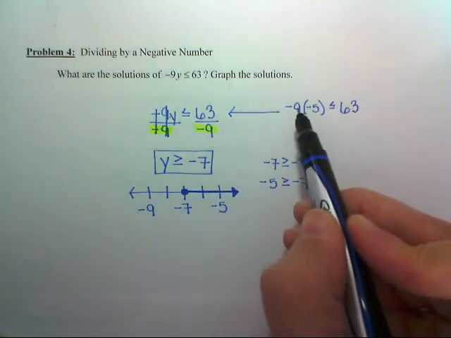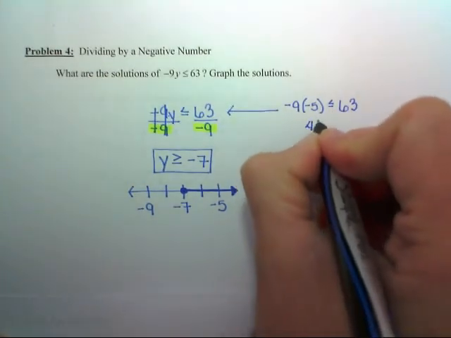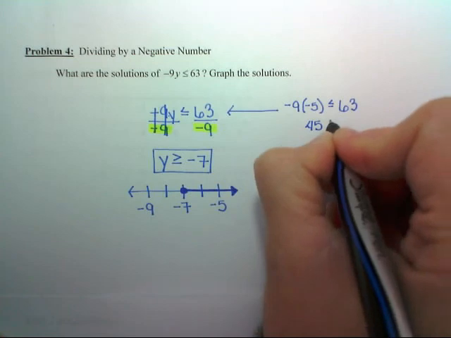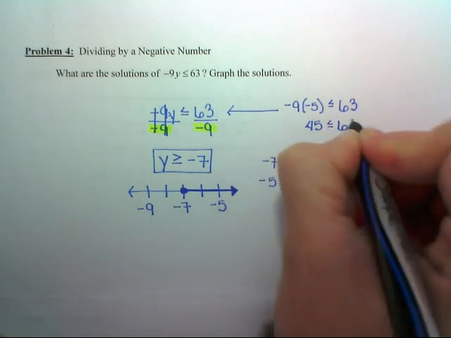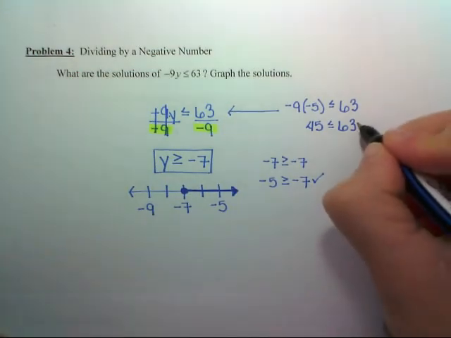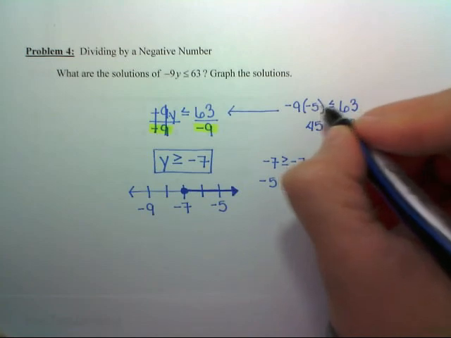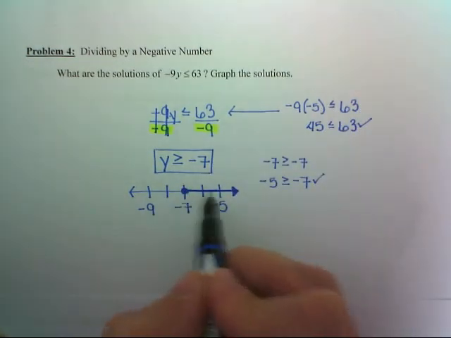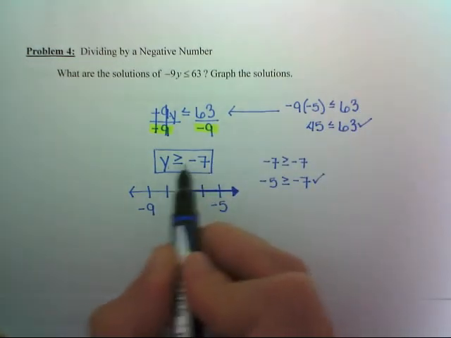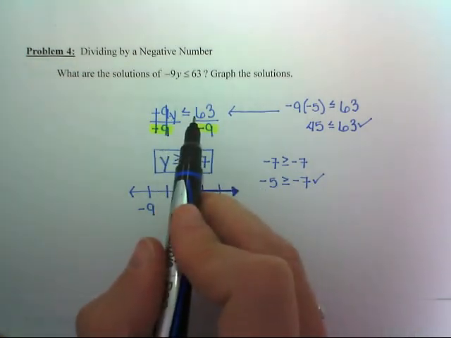It gives us a positive. What's 9 times 5? 9 times 5 is 45, less than or equal to 63. Is that a true statement? And yes, it is. 45 is definitely less than 63. So notice the -5 worked down here and the -5 worked up here. So not only are my answers correct because of my solutions that I have here, but it's also correct because it works in the original problem, and that's what you hope for.